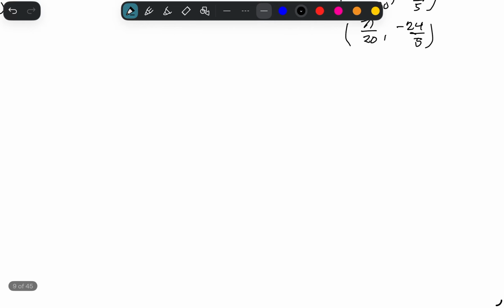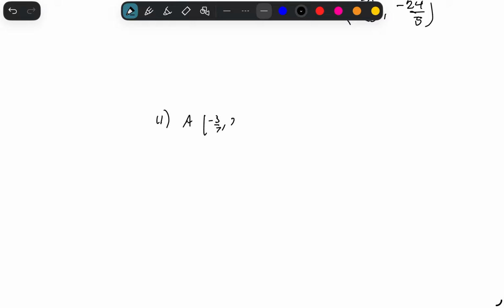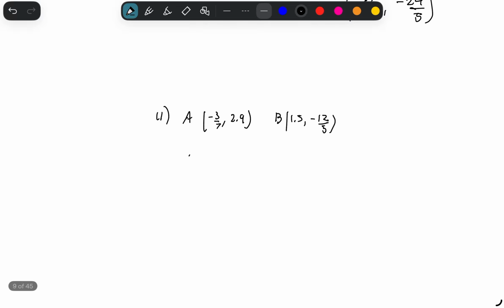Now, let's say that we have A (negative 3/7, 2.9) and B (1.5, negative 12/5), and we want to find the component form of AB.